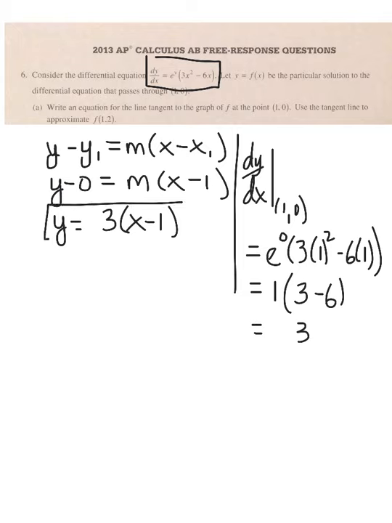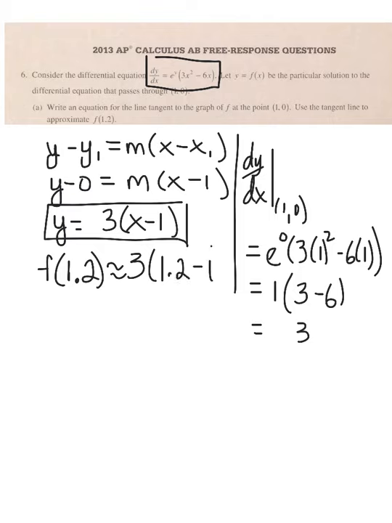All right, so they ask you to write the equation of the tangent line, and then we want to use that tangent line to approximate f of 1.2. So that's going to be approximately 3 times 1.2 minus 1. So why don't you pause me and let's figure out what you get, and we'll meet back up.